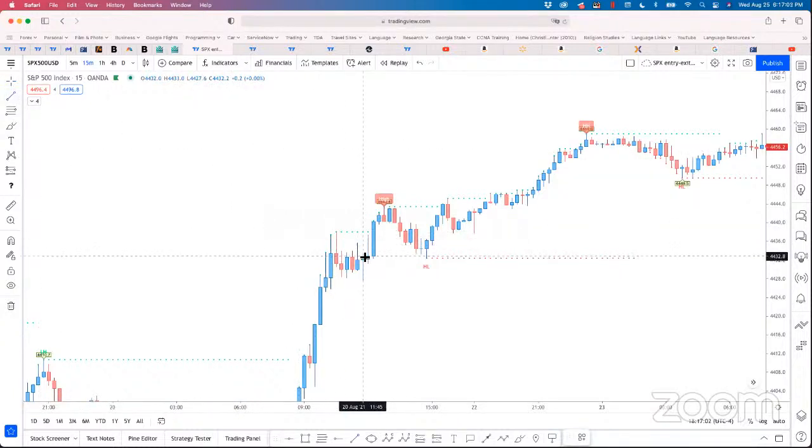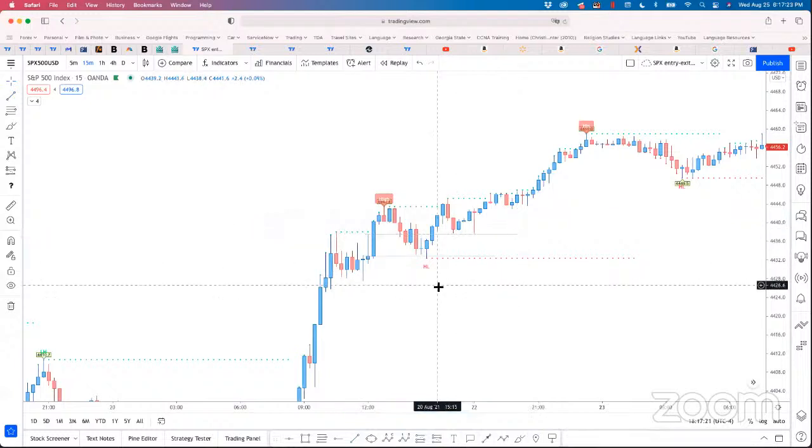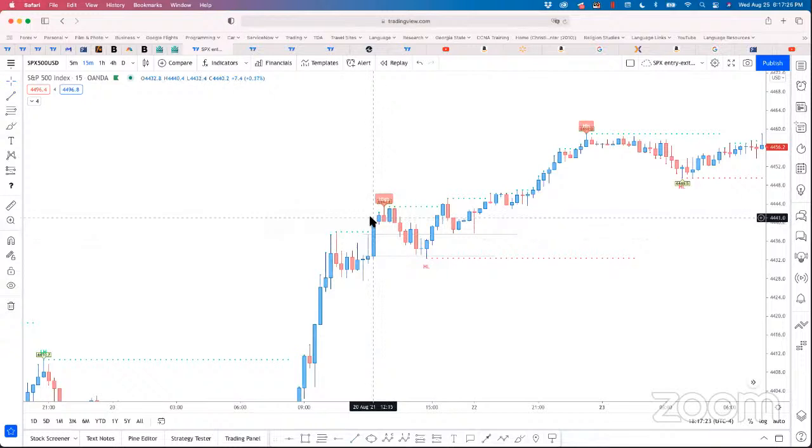Here's the body. Here's the wick. Bullish engulfing trades through it.